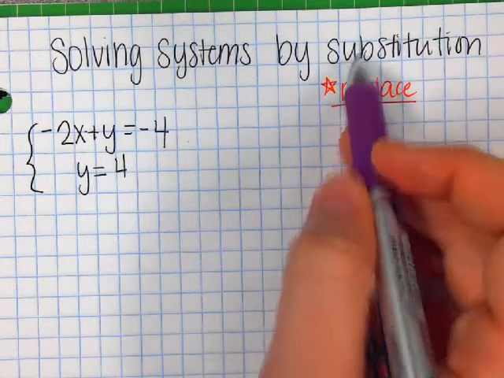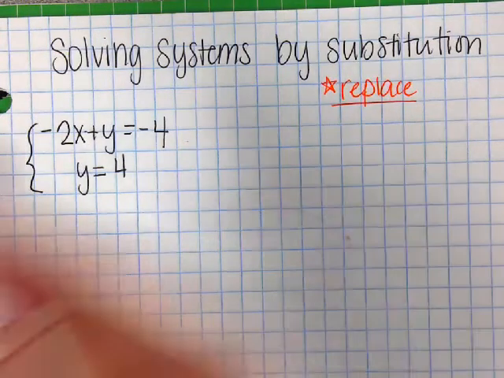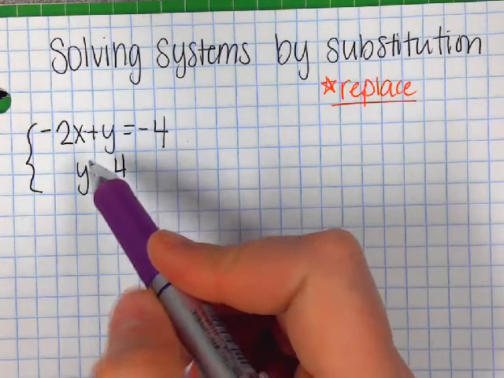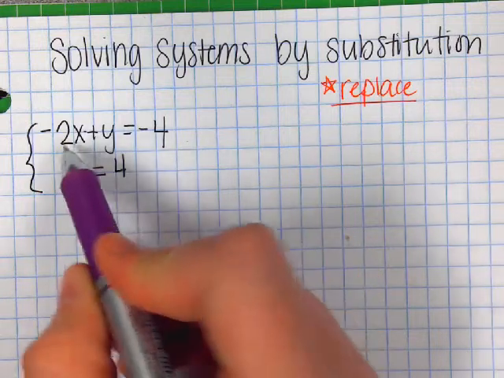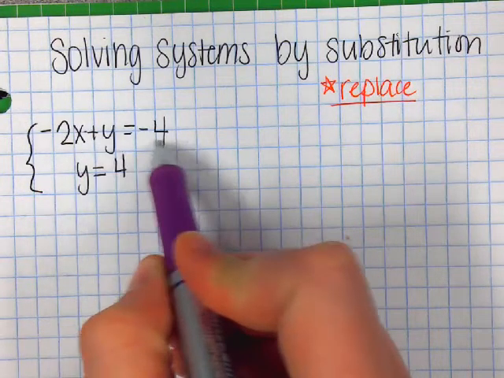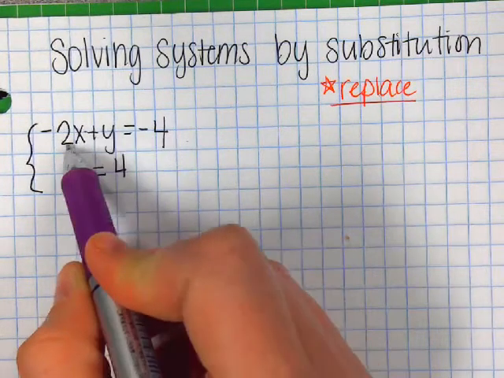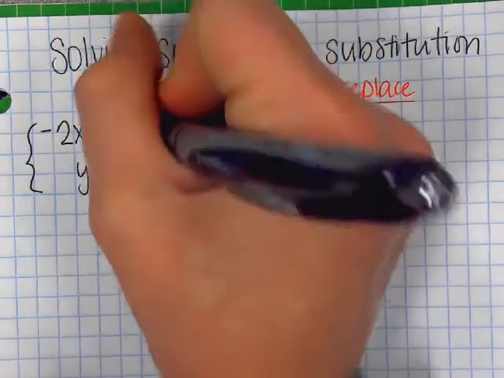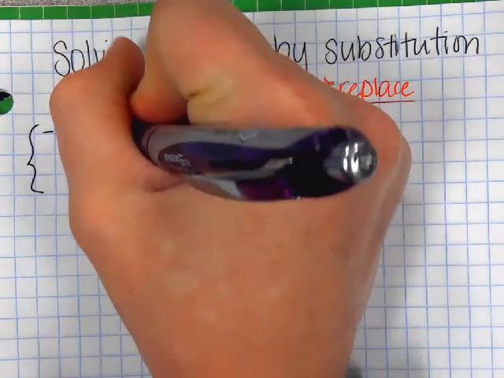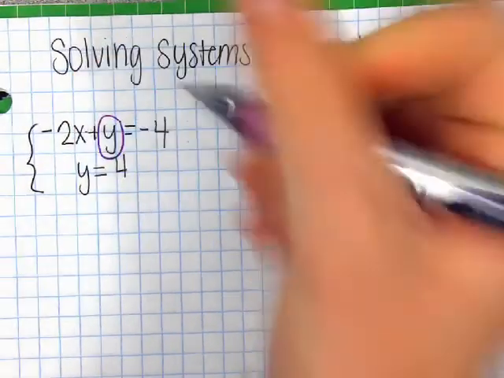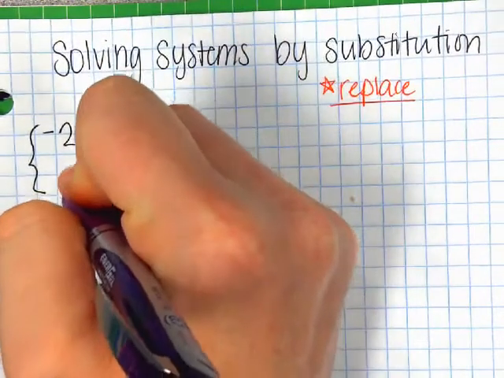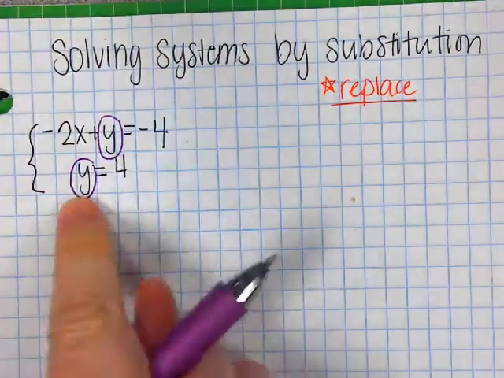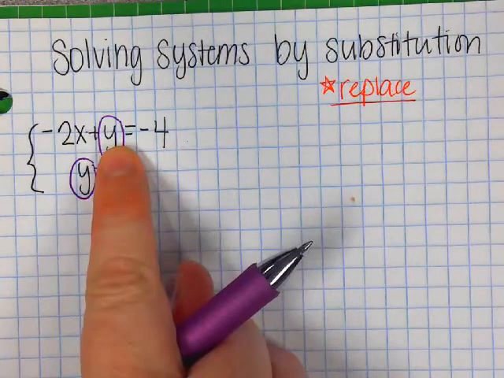Well, substitution means to replace, and the reason we do that is because you can't solve this equation right here when there's two variables in the equation. So what we're going to do is take this y out. Notice both of them, this one says y equals and this one just has a y in it.